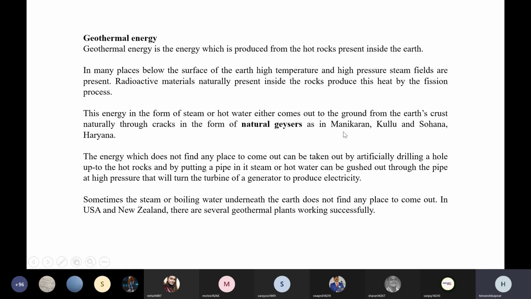These are nothing but hot water trapped in the earth's impermeable layers, and when it comes to the crust, it becomes a natural geyser. So we get automatically heated water from the ground, and we can use this water for cooking or for other purposes.